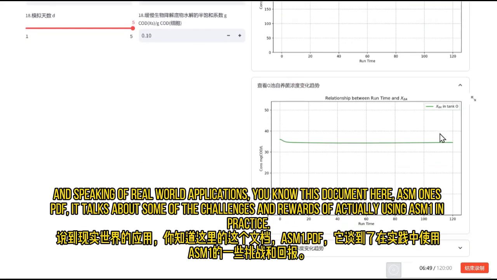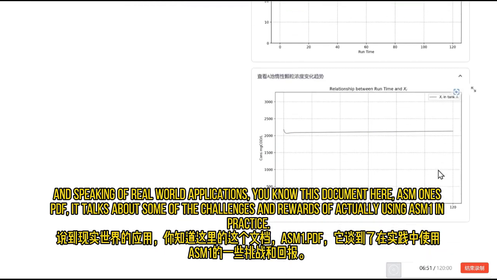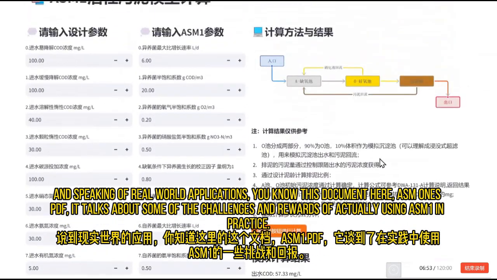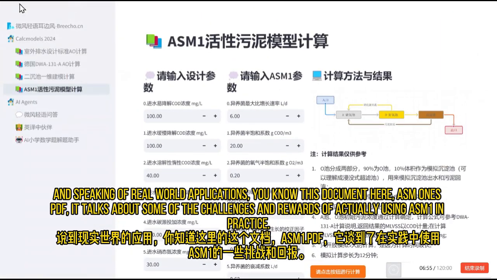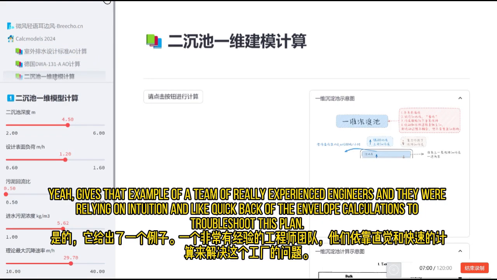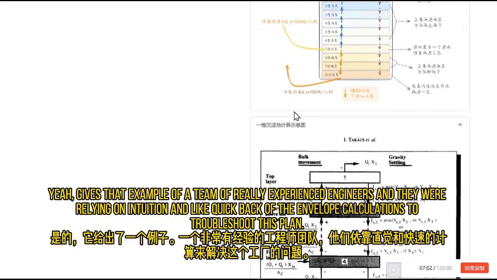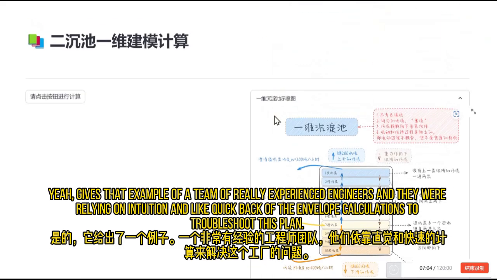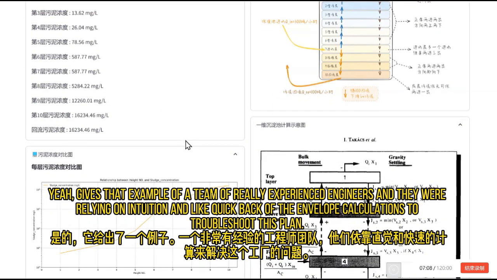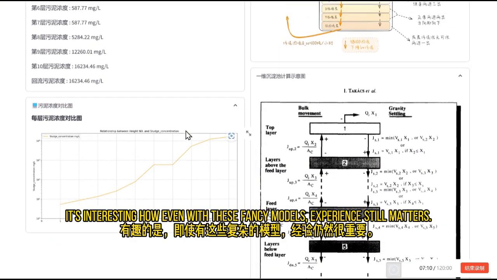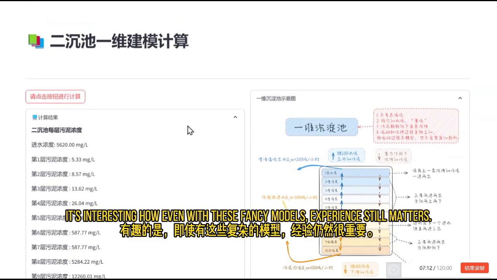And speaking of real world applications, this document, ASM1.pdf, talks about some of the challenges and rewards of actually using ASM1 in practice. It gives an example of a team of really experienced engineers who were relying on intuition and quick back of the envelope calculations to troubleshoot this plant. It's interesting how, even with these fancy models, experience still matters.